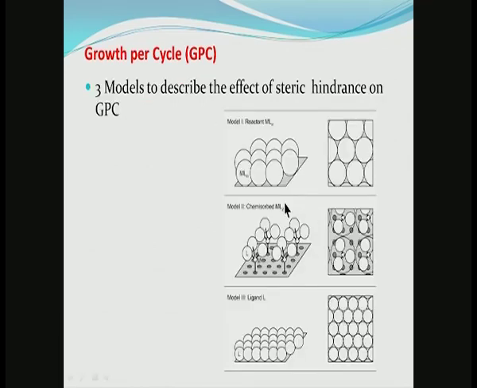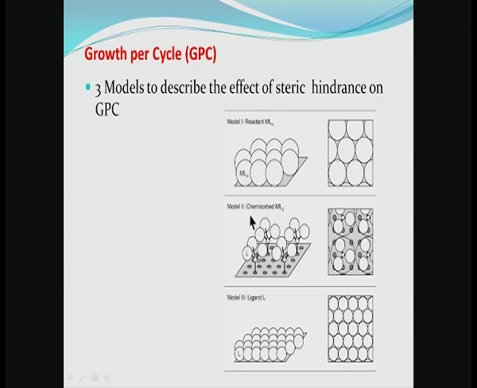Now, there are 3 models to describe the effect of steric hindrance on growth per cycle. So, what I have shown here are 3 different kinds of situations that can arise when we use different kinds of precursors. Now, what is shown at the top, or model 1, shows a ligand that is rather large in size, physical size, and therefore, when reactions occur, there is a significant amount of void that is left on the substrate.